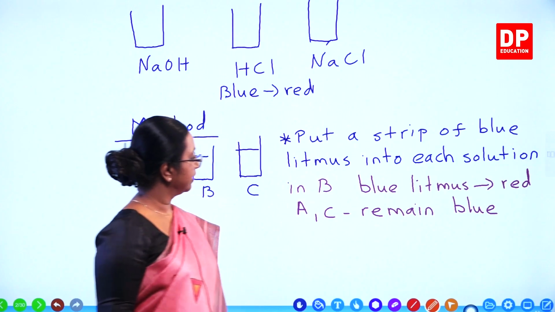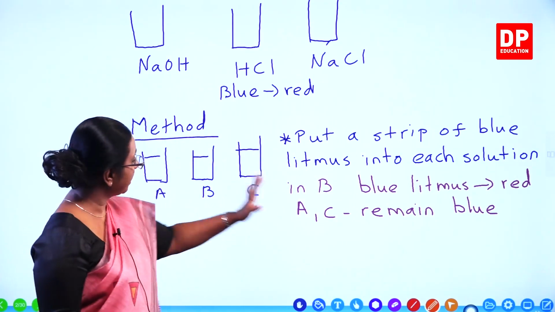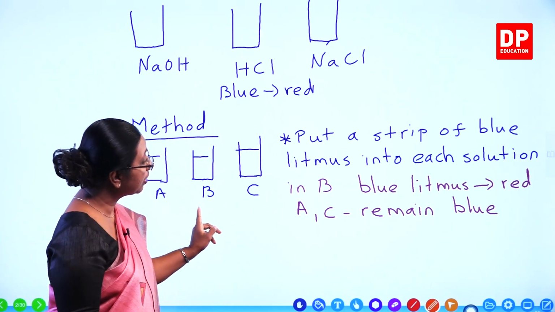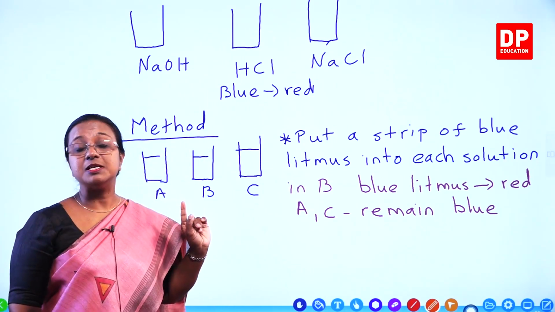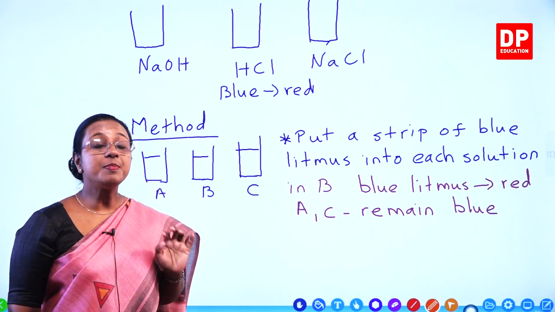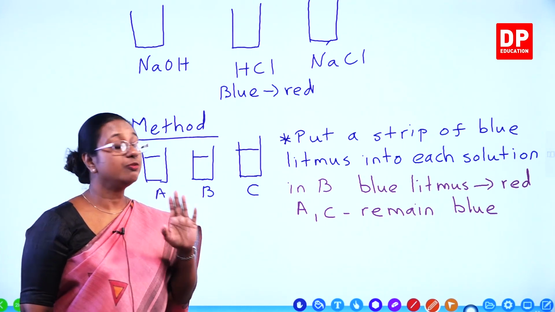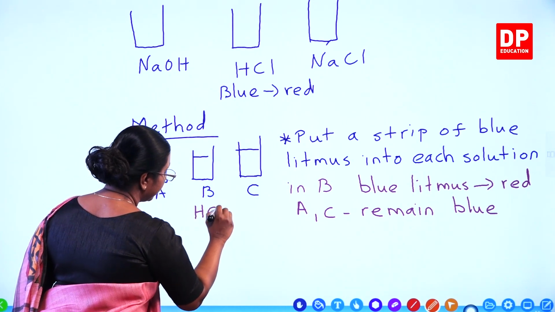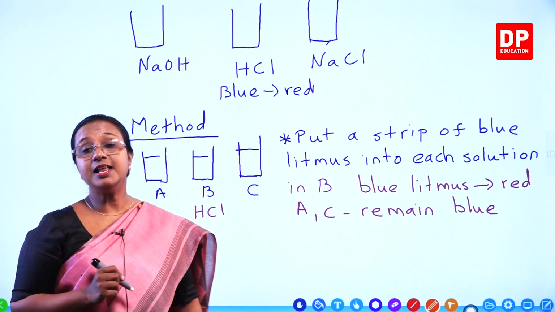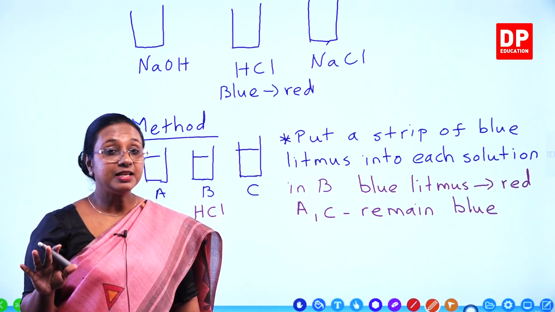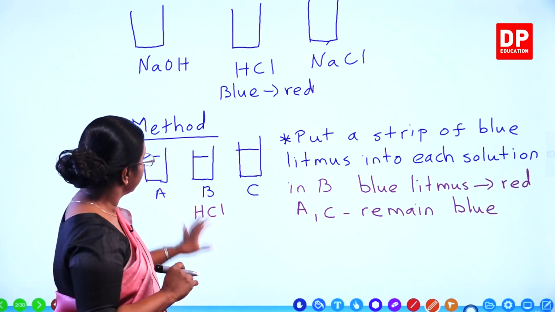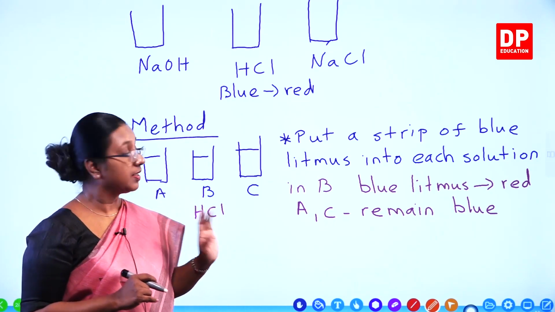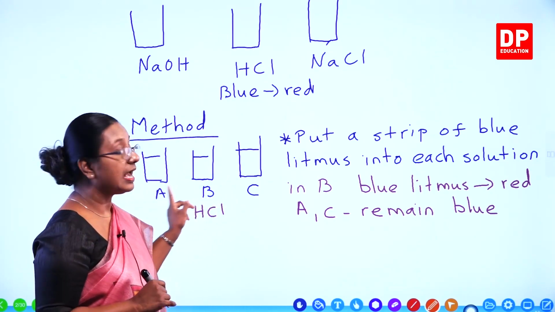So if this was the observation, it can be in another one also. I am just assuming that in B, the blue litmus became red. So from that, what can you conclude? You can conclude that this is hydrochloric acid, HCl solution. Is that clear? Right. So now we know B is HCl, but we don't know what A and C are.